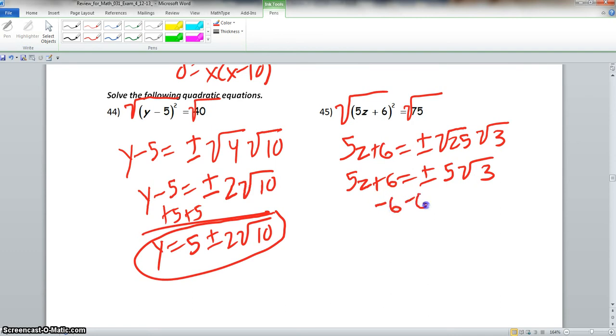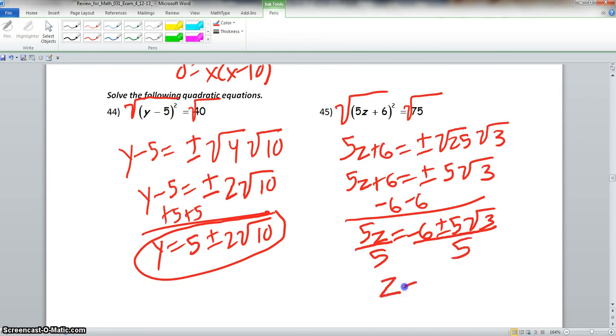So we'll subtract 6 on both sides, and we will have 5z is equal to negative 6 plus or minus 5 square root 3. We divide each side by 5. And our final answer is z is equal to negative 6 plus or minus 5 square root 3 all over 5.